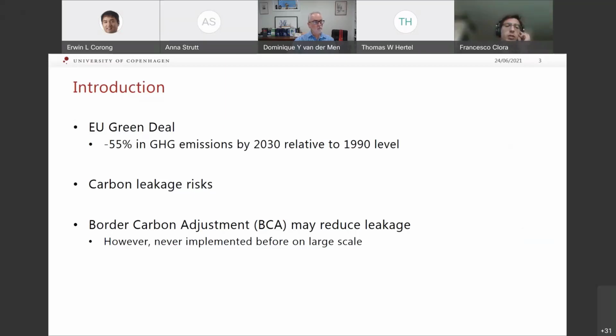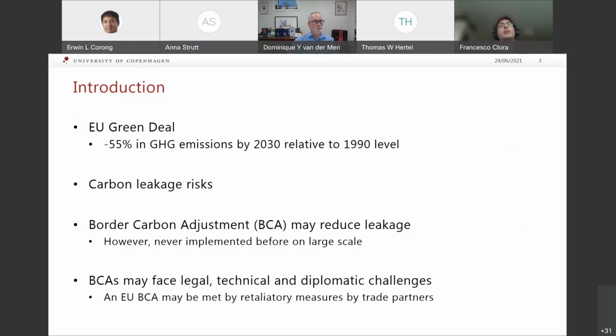In fact, border carbon adjustments are complex tools and will face an array of challenges. One of these challenges is potentially that a new border carbon adjustment might be met with retaliatory measures by trade partners.